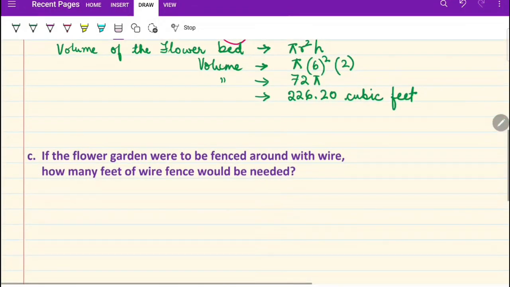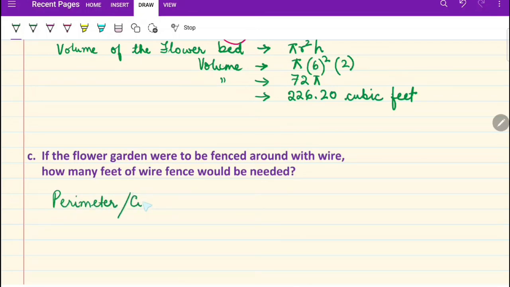Let's write down here what we are looking for really is the perimeter, or because we are working with a circle, it's going to be the circumference of this flower bed. And the formula to find the circumference of a circle is 2 times pi times r.